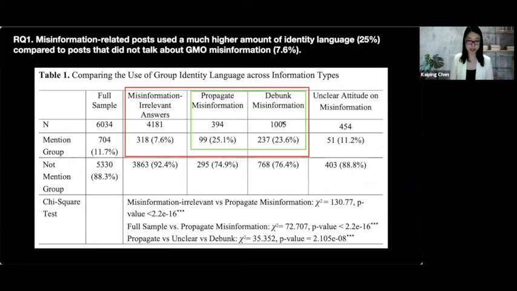And interestingly, when we look at identity language usage for posts that propagate versus debunk misinformation, we found that debunking posts also used a substantial amount of identity language compared to posts that propagate misinformation.